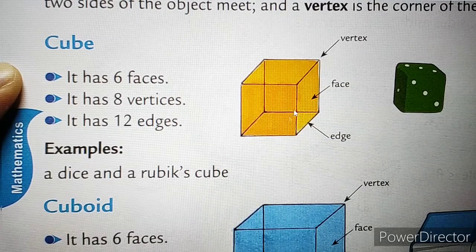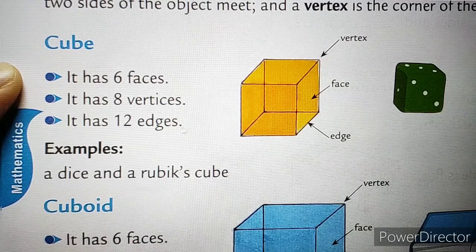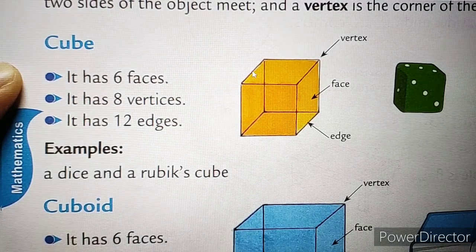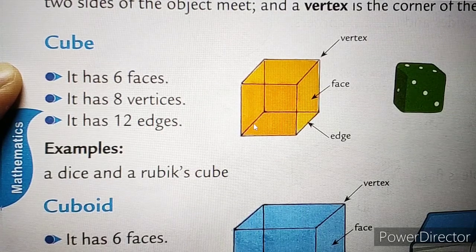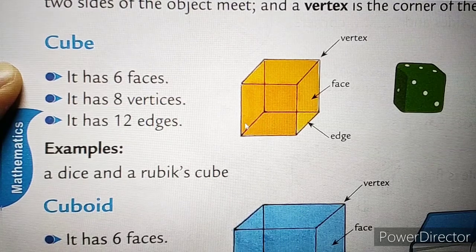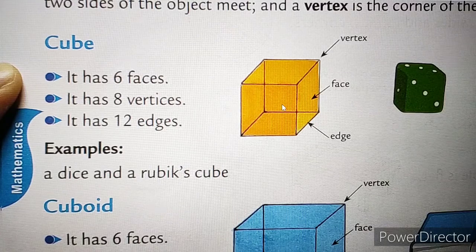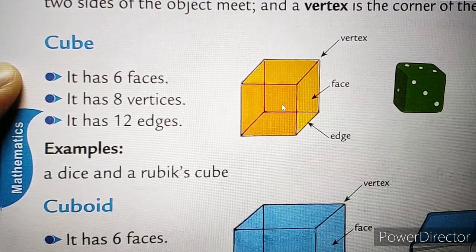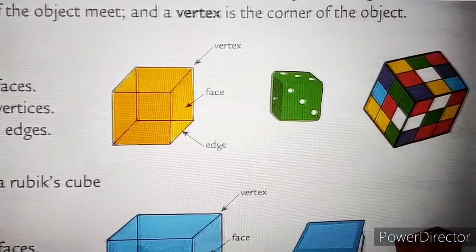So this cube has 8 vertices and 12 edges, meaning 1, 2, 3, 4, 4 edges in the top, 1, 2, 3, 4, 4 edges in the base, and 1, 2, 3, 4, 4 edges in the sides. So 12 edges are there.